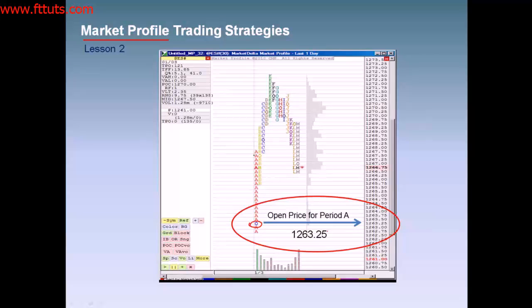Market Delta gives us the flexibility of also having our prices placed on the left side in addition to the right side. And I will also show you how to do that, just sort of an additional way to keep us focused on where prices are.